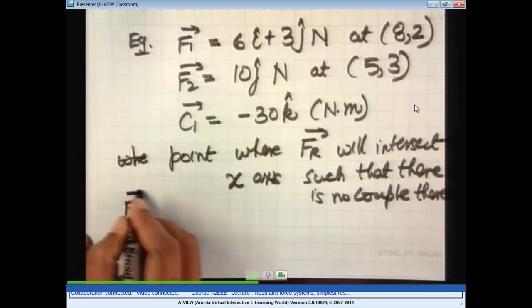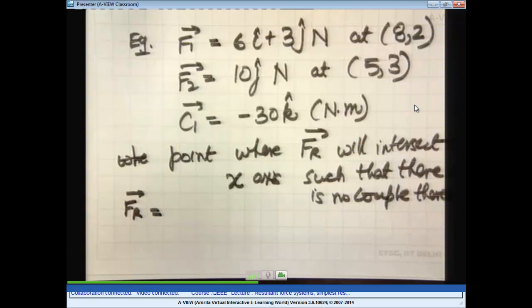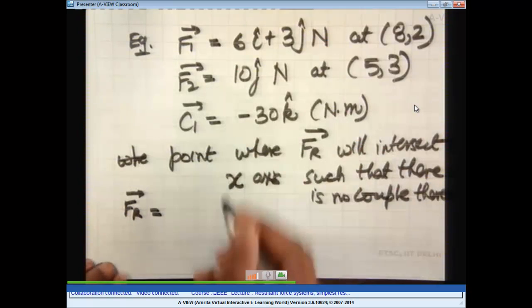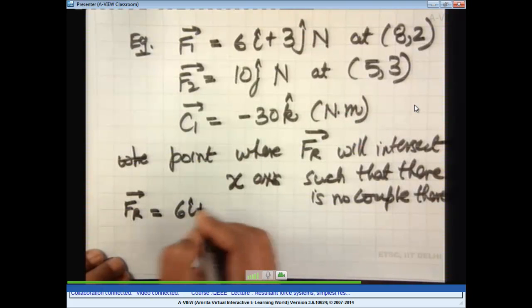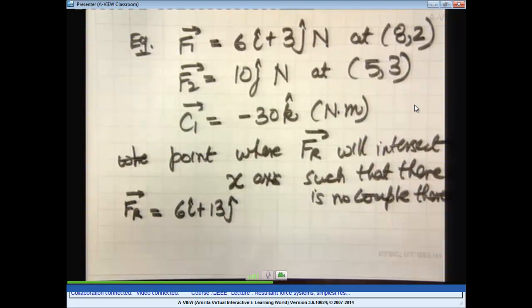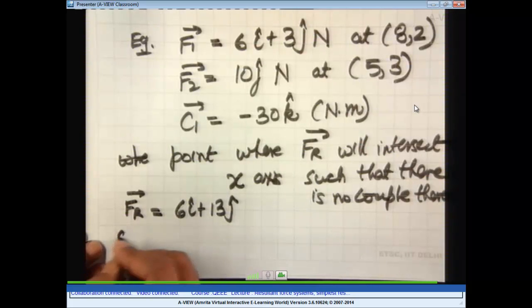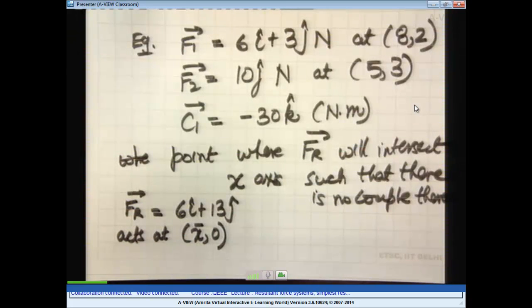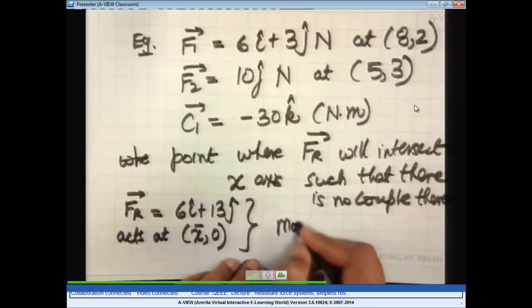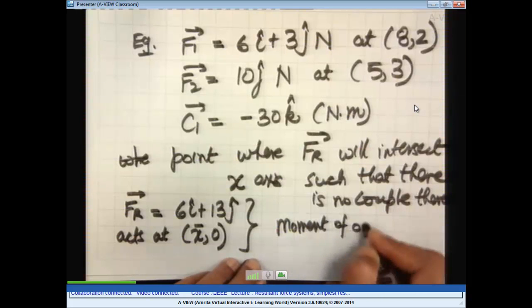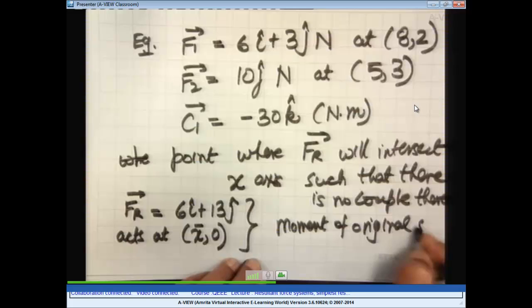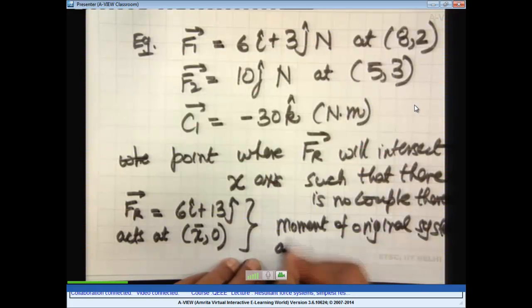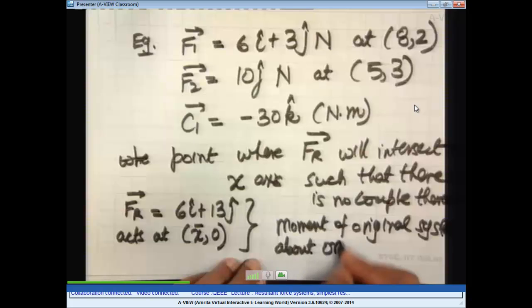Firstly, the resultant of this force Fr will be equal to, we add these two, 6I plus 13J. So the equivalent of this force system is Fr, and if it acts at x bar comma 0, then let us take the moment of the original system about origin.